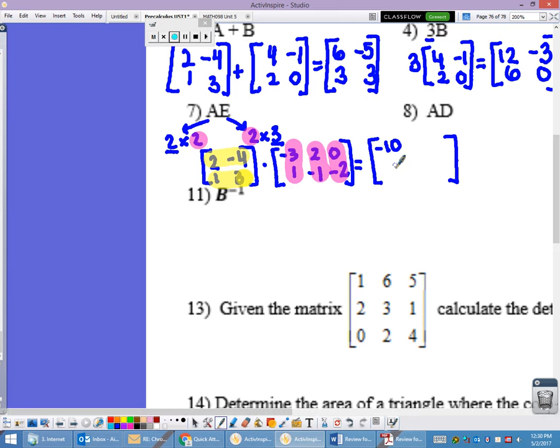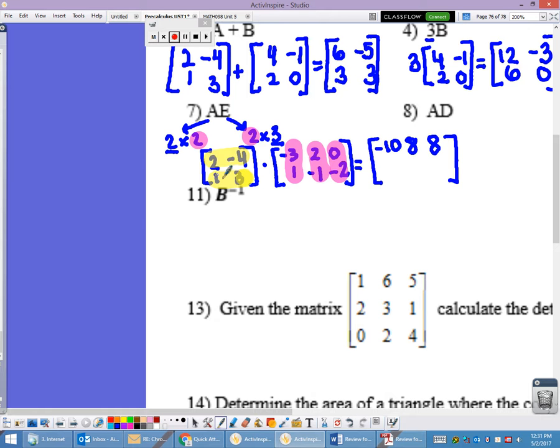Okay? I'm going to repeat that process for every row and column. So here, 2 times 2, negative 4 times negative 1, add them together, you will get 8. Same thing, 2 times 0, negative 4 times negative 2, again I get 8.